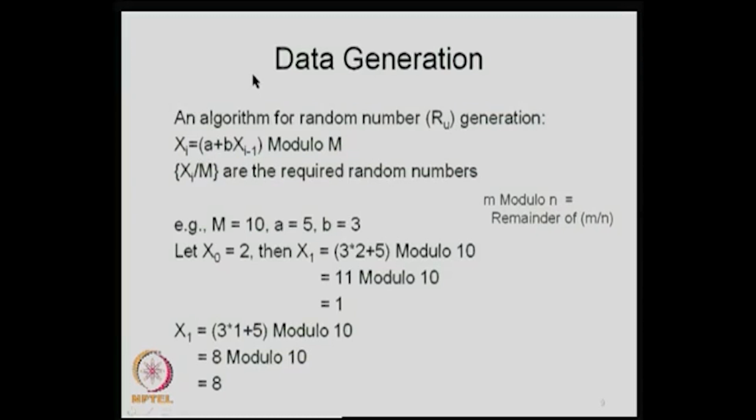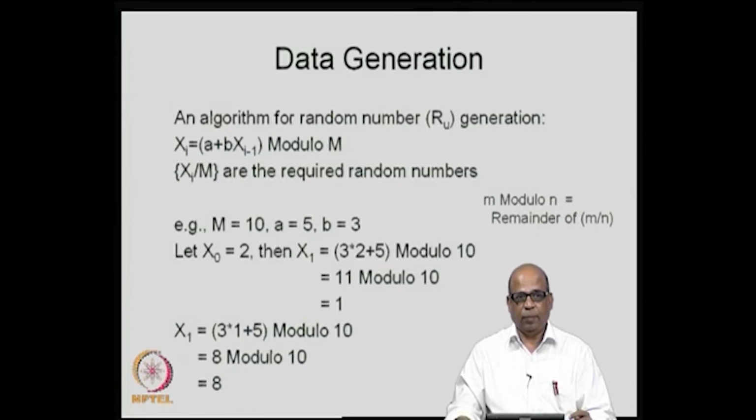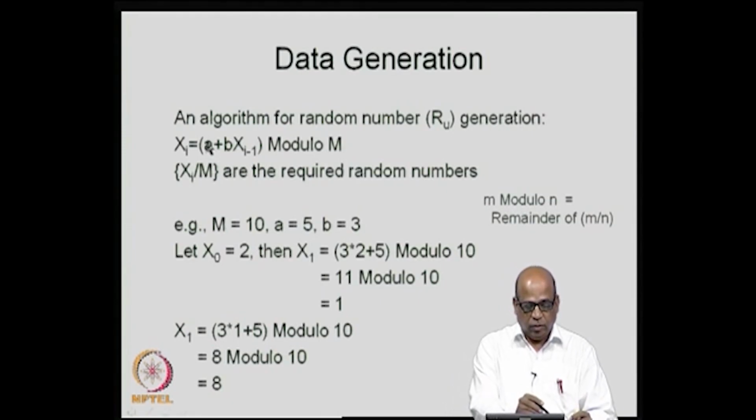So, let us see a very simple algorithm by which a sequence of random numbers can be generated, which follow a uniform distribution in the interval 0 and 1. This is a simple algorithm for a random number generator. Here, RU indicates a random number which belongs to the uniform distribution in the interval 0 and 1.